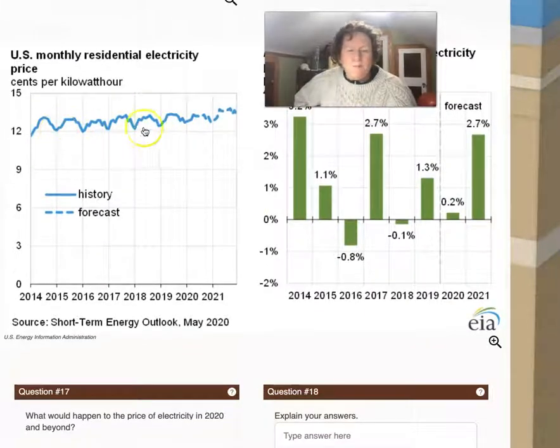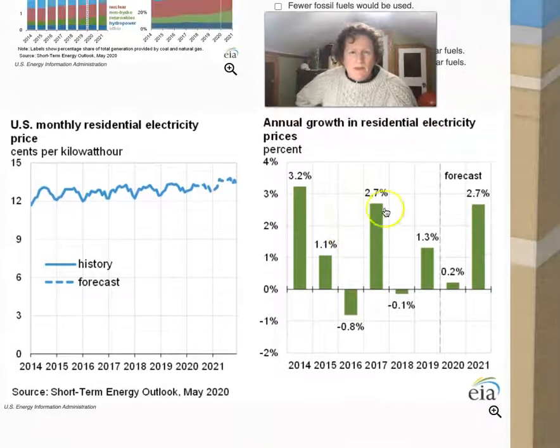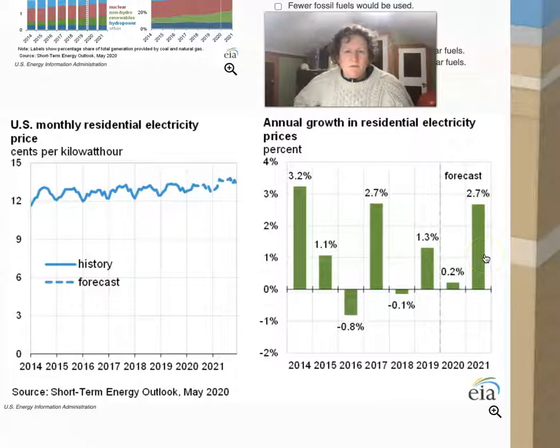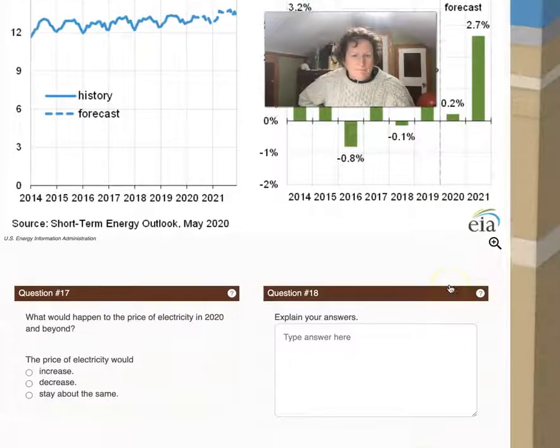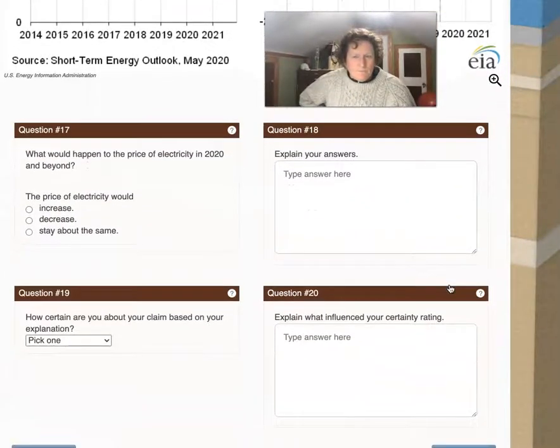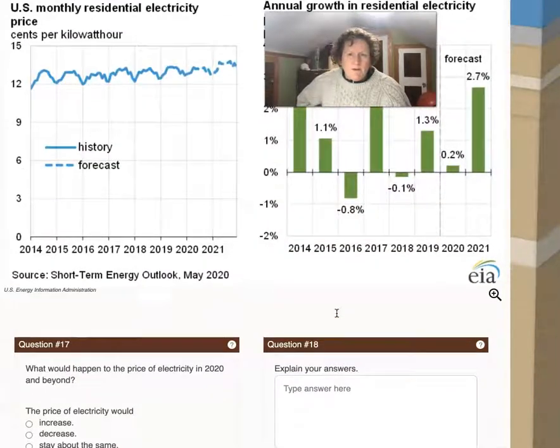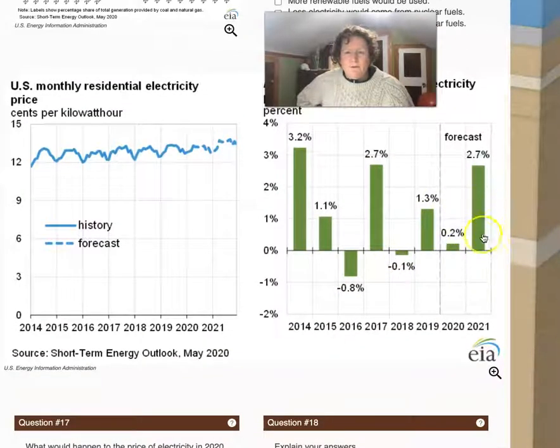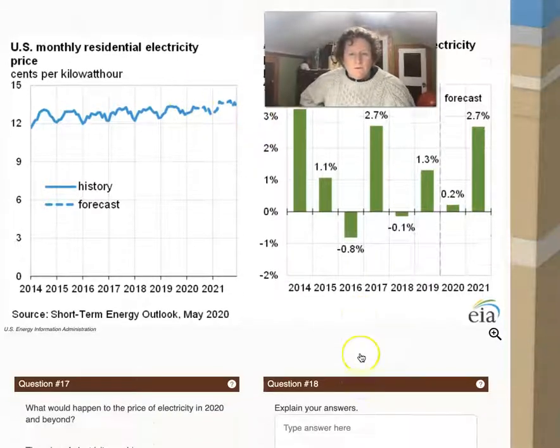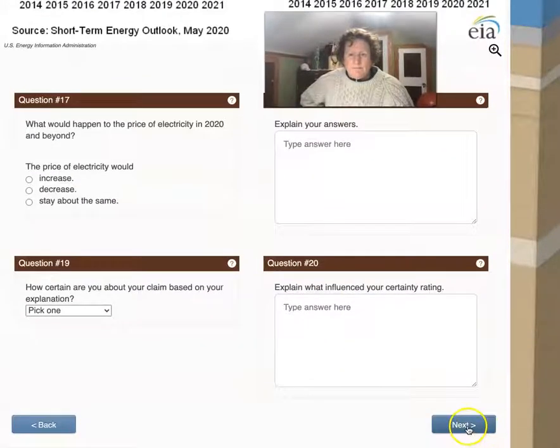So this is the price that's going up a little bit, and this is a bar graph of kind of the similar information. This is the increases in prices. And so you pick your certainty rating, and you can talk about the information on the graph here and here to explain your certainty rating.